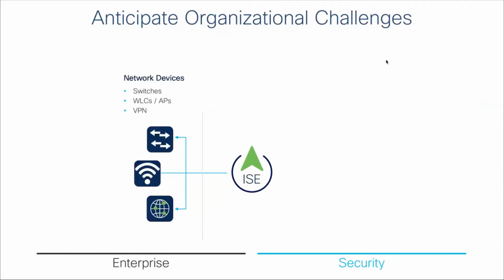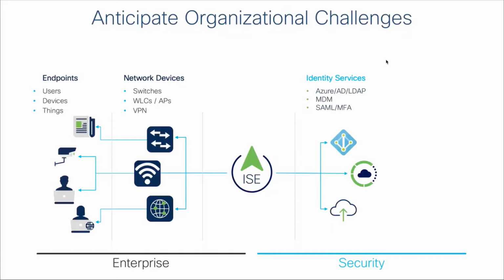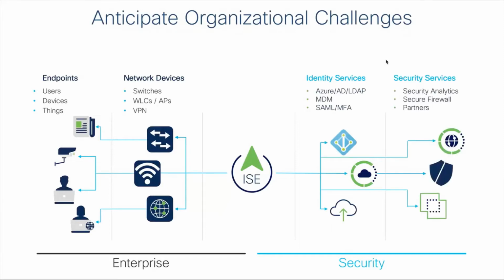We've talked about how ISE handles authentication, authorization, and accounting requests from our network devices as endpoints come into the network, so we can authenticate them and only give them the right level of access. And we do that by authenticating them against your identity services and potentially sharing some of that authentication information with different security services to better protect you after we've admitted them to the network.